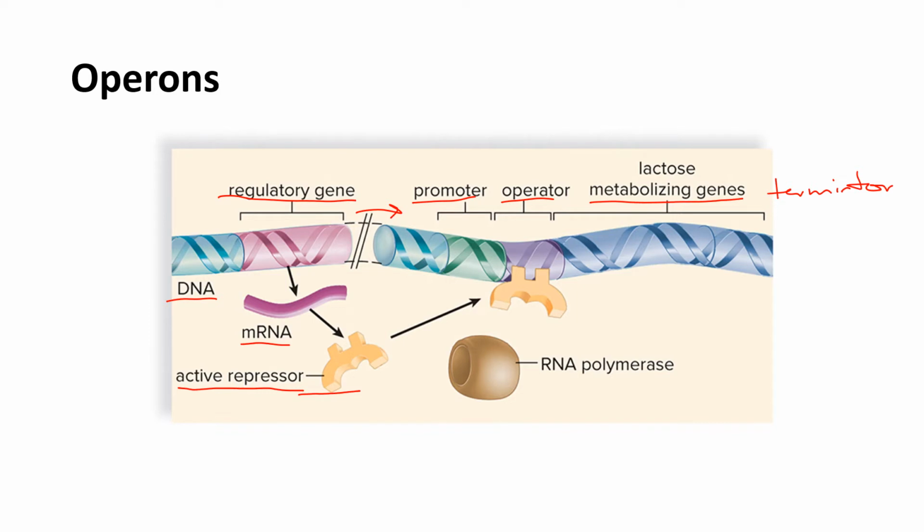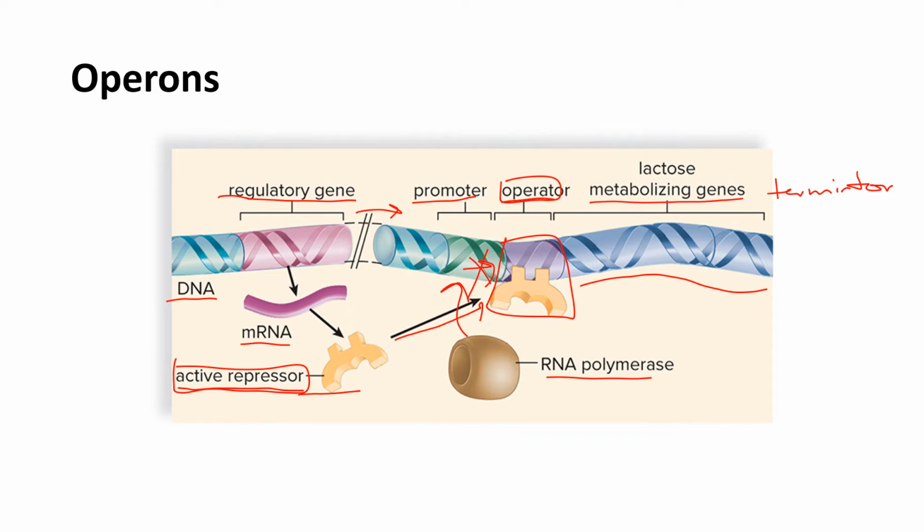All right, so again, the operon. If you have an active repressor, the active repressor binds to the operator. So the active repressor is bound to the operator. And when that is the case, the RNA polymerase, which would recognize the promoter, is prevented from sliding along the DNA and transcribing those genes.